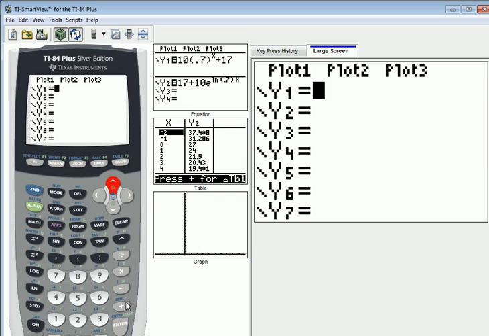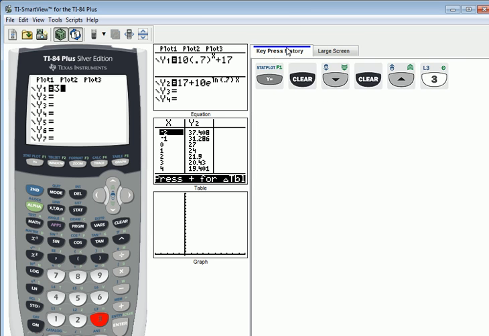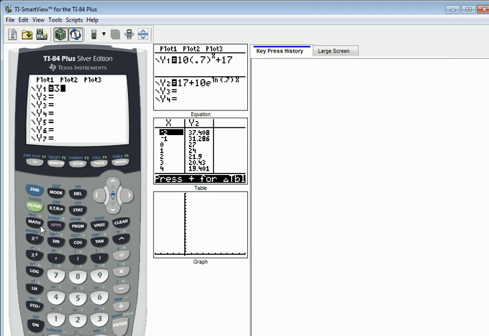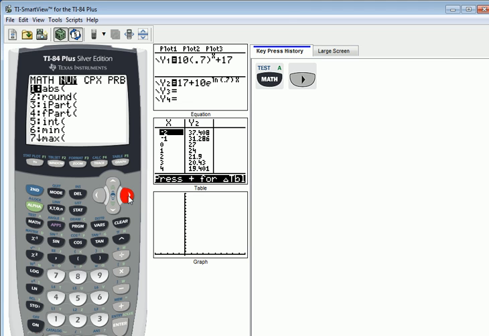The first one was 3 times the absolute value of x minus 5, right? So if we go ahead and hit 3, now we need to do absolute value. So if you hit the math button, arrow over to number, do you see what choice 1 is? ABS, and that stands for absolute value.